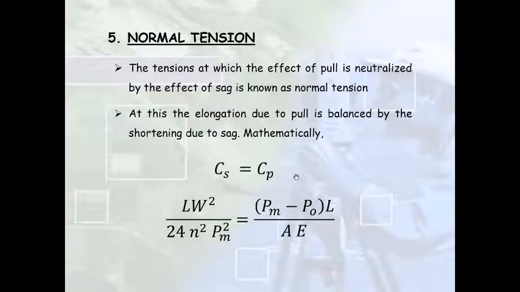So in order to find out that value of the pull, or the force or the normal tension that you're applying, at which the two become equal, so that means the total correction would be equal to 0. So we need to find out the value of that force that we have to apply so that this left hand side of the equation becomes equal to the right hand side.